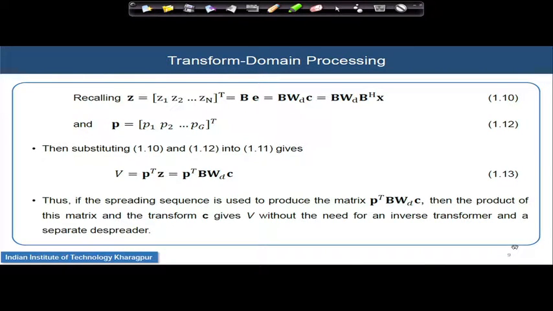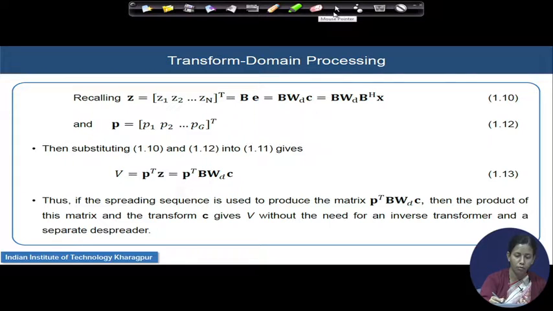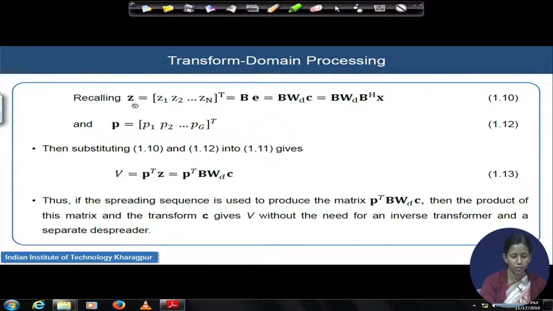Now, recall that we have already seen these two equations. Equation number 1 was on Z. We saw that the expression for Z comes from B times the exciser output, where the exciser is basically the n cross n matrix W multiplied with the vector of C components.